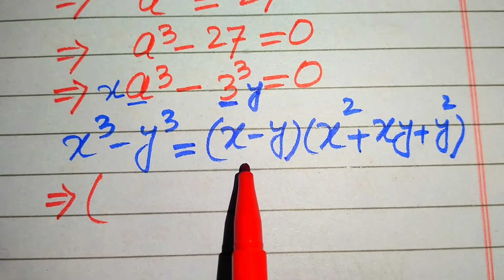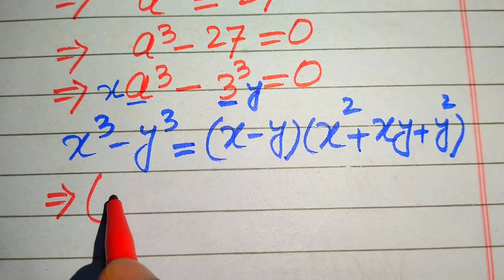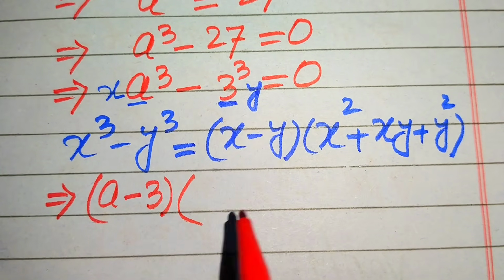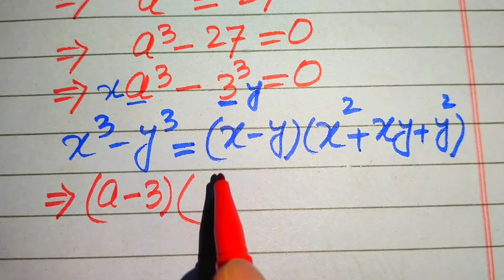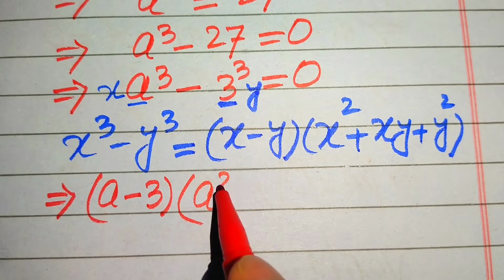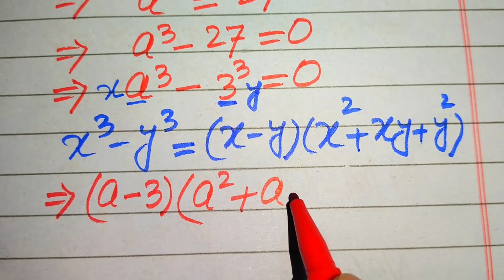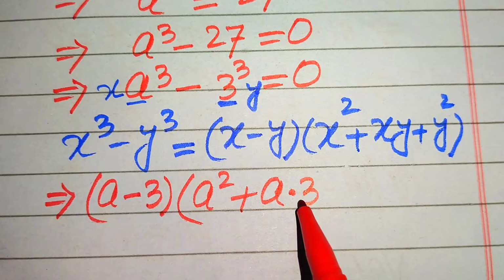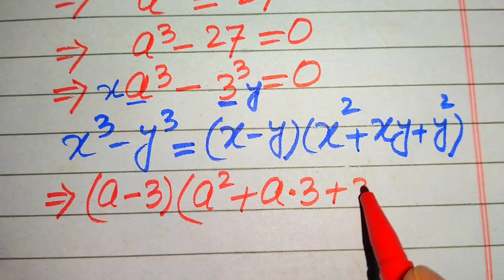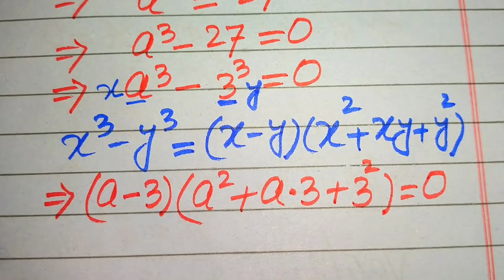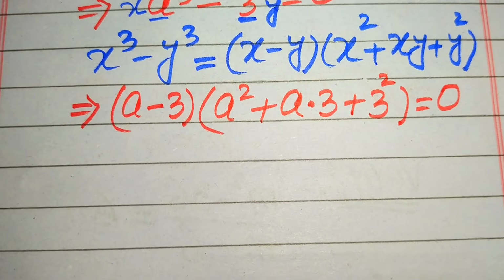So when we use this formula on the above equation, it is written in this form. Our first factor is x minus y; the value of x is a, the value of y is 3, times x square, which is a square, plus xy, which is a times 3, plus y square, which is 3 square, and this whole equation is equal to 0.